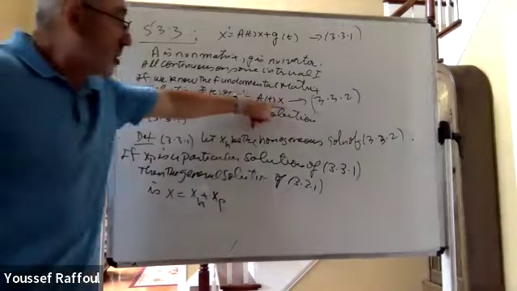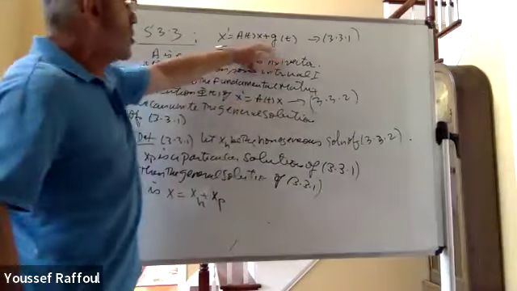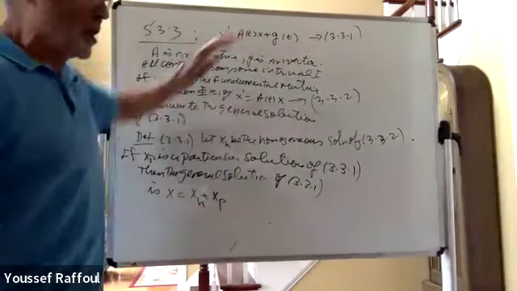So you know the homogeneous solution, you know a particular solution, and then you add them, and this is the general solution.